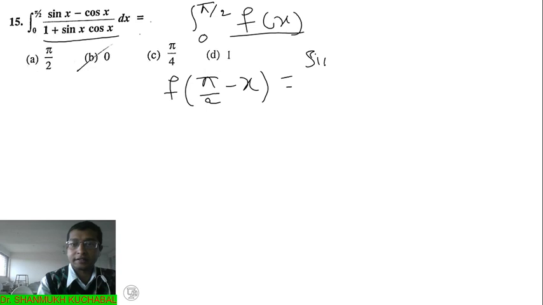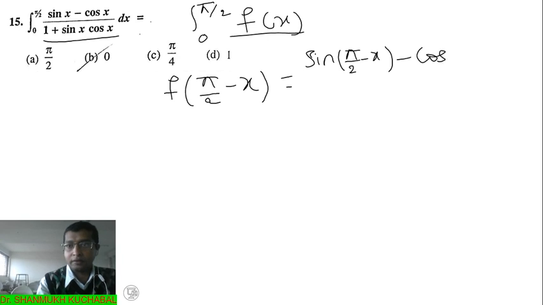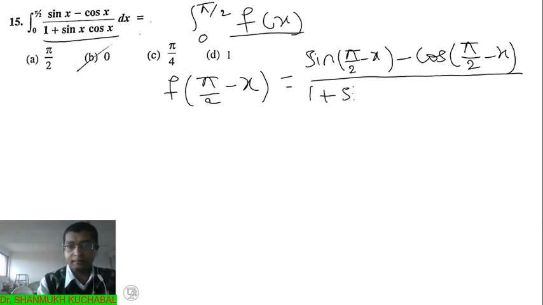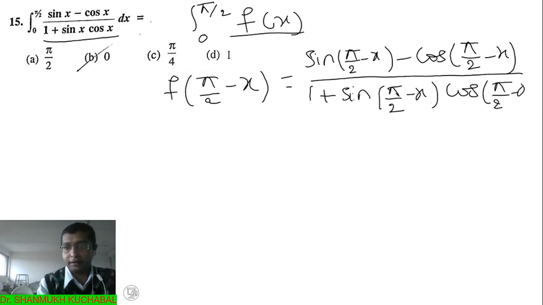So it is sin of pi by 2 minus x minus cos of pi by 2 minus x, whole divided by 1 plus sin of pi by 2 minus x into cos of pi by 2 minus x.